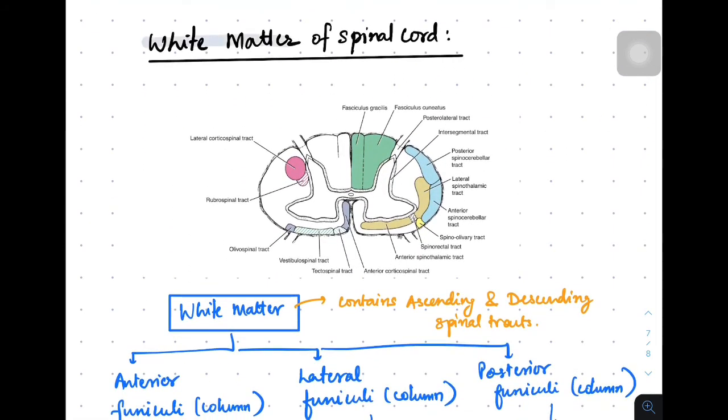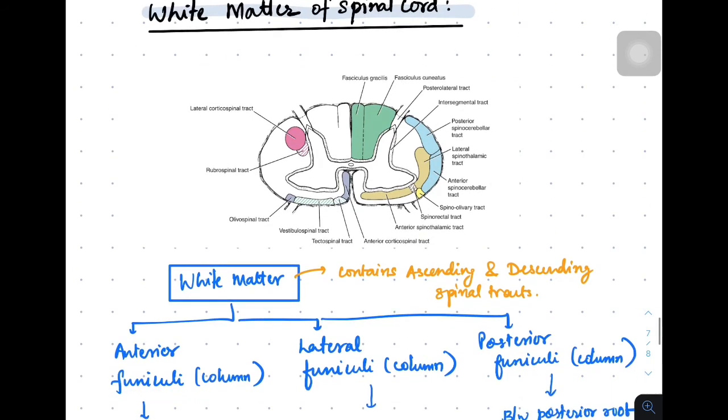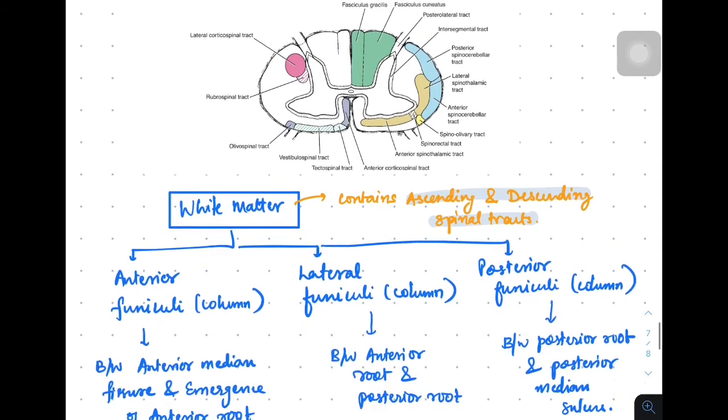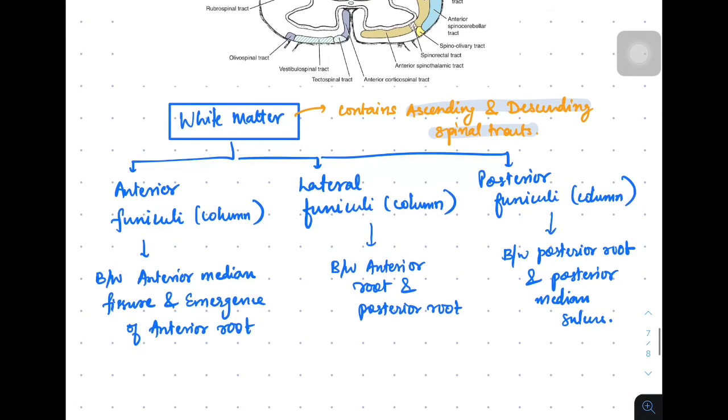Now we'll talk about the white matter of the spinal cord. White matter of the spinal cord is mainly made up of ascending and descending spinal tracts. White matter means mainly axonal fibers which are myelinated, so that gives the white appearance. For practical purposes, it is divided into anterior funiculi, lateral funiculi and posterior funiculi. These funiculi are also called columns.